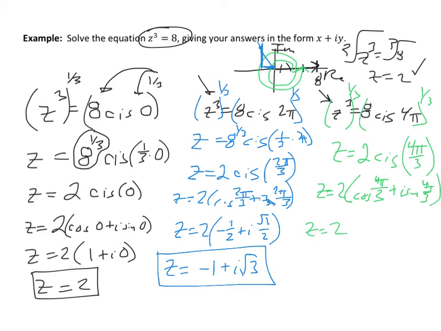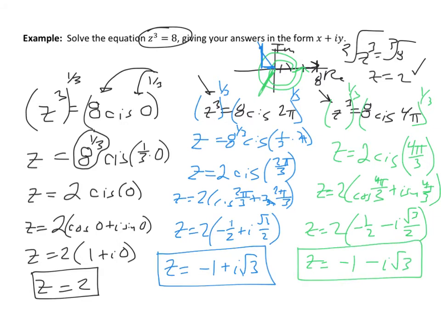And if we again think about the unit circle value, which would be down here, it's still negative a half here, but it's negative root 3 over 2 here. So here I have negative 1 minus i root 3. Neat observation here: you remember from before that when you have a real polynomial, you always end up with conjugate roots. We're seeing it right there.